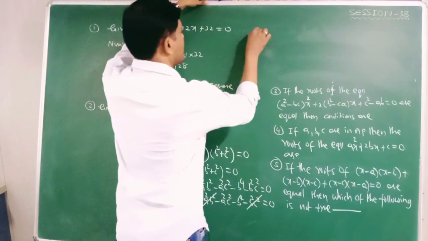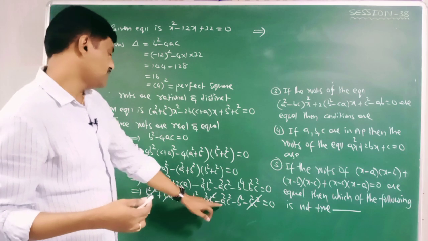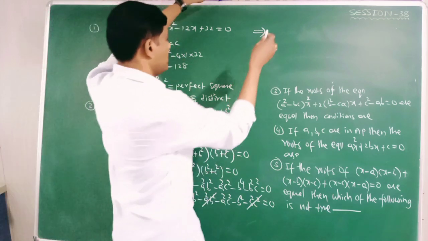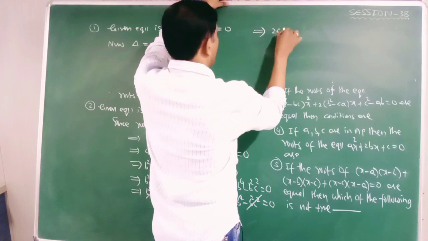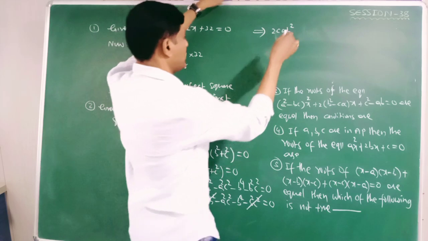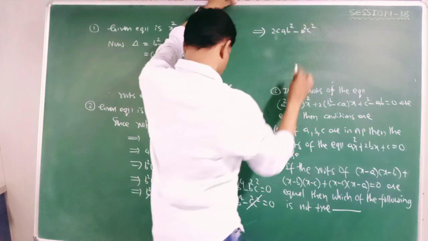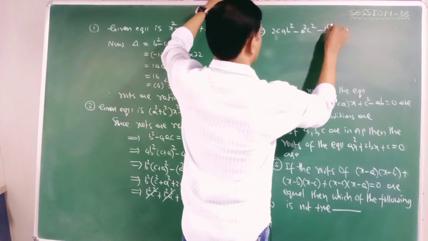This implies 2acb square minus a square c square minus b power 4 is equal to 0.